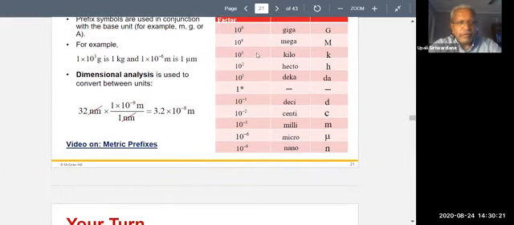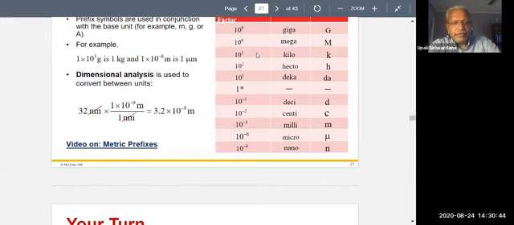So when you have a different scale of measurement, like 32 nanometers, if you want to convert that to meters, you use these conversion factors. 1 times 10 to the negative 9 meter is 1 nanometer. So they cancel out.